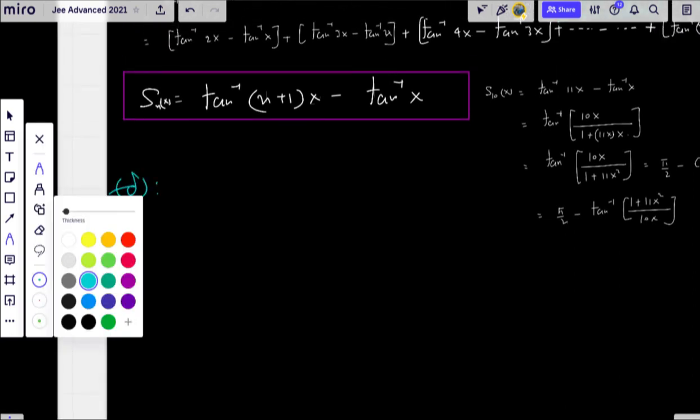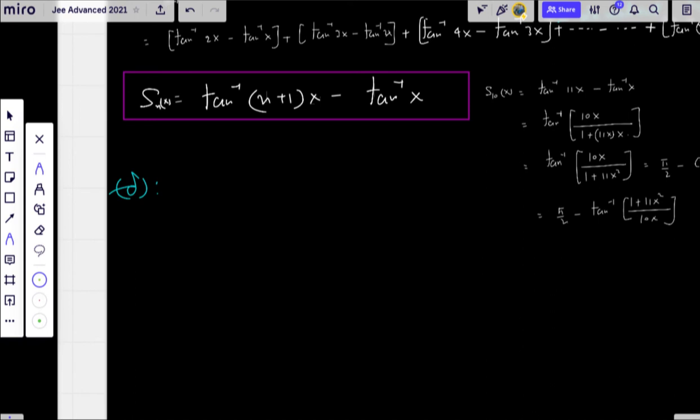Let me solve this. As per the problem, tan of Sn of x is given to be less than or equal to 1 by 2.